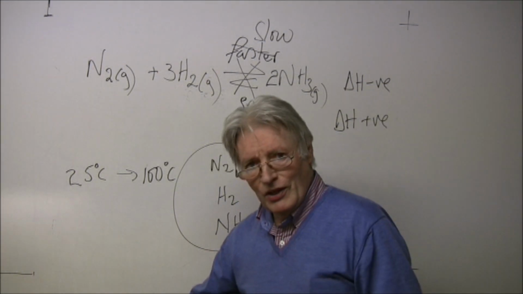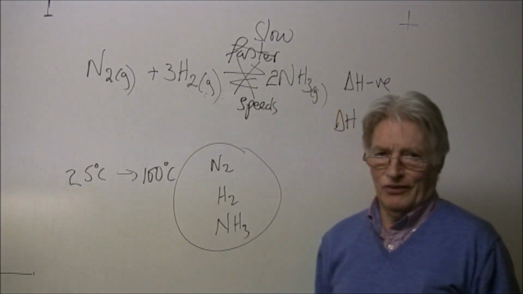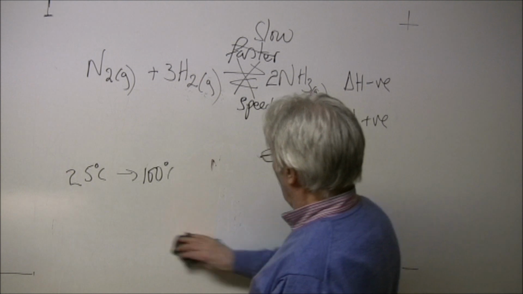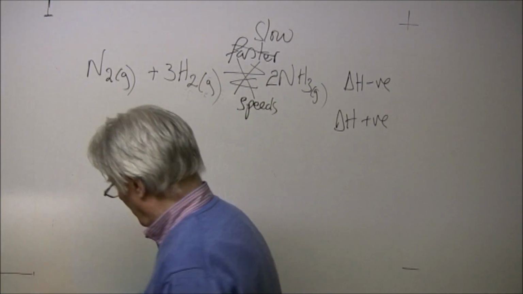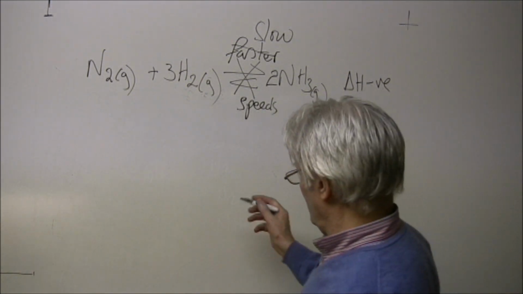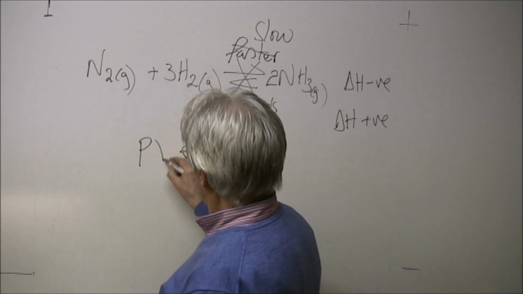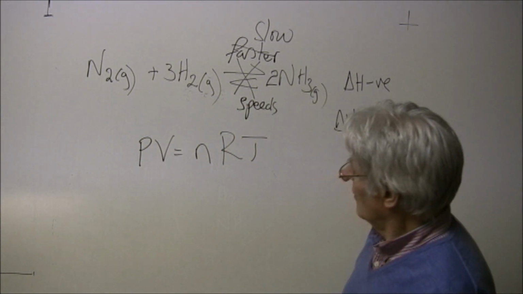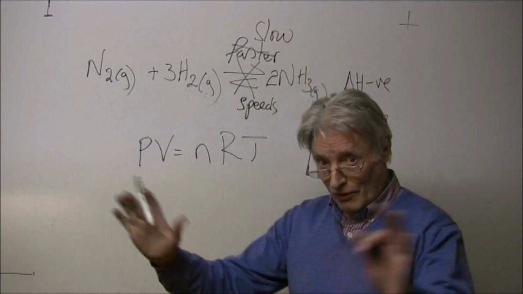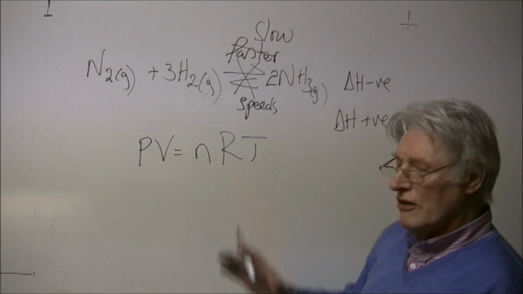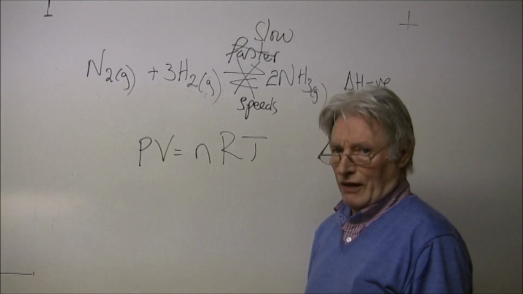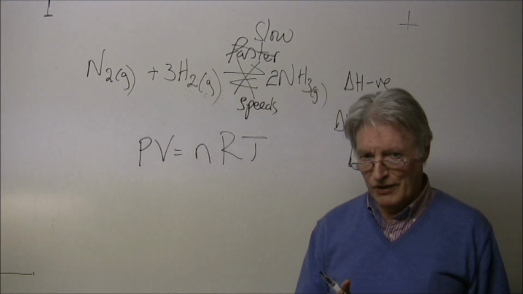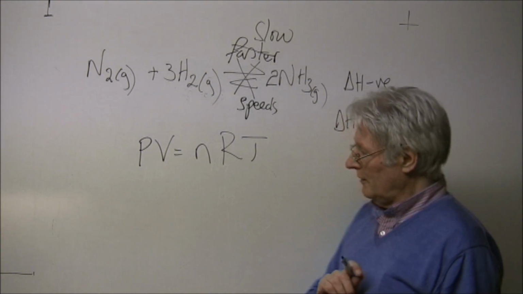Now we want to look and see what happens if we keep the temperature constant and we vary the pressure. To do that, I want to refer you to the ideal gas equation, where PV equals nRT. P is the pressure, V is the volume of the container, n is the number of molecules of gas in the container, R is the gas constant, and T is the temperature on the Kelvin scale.